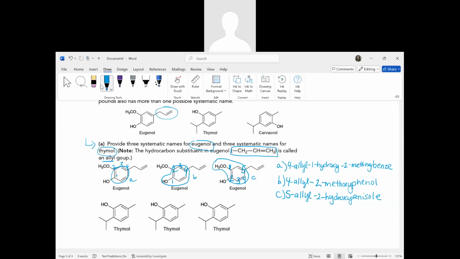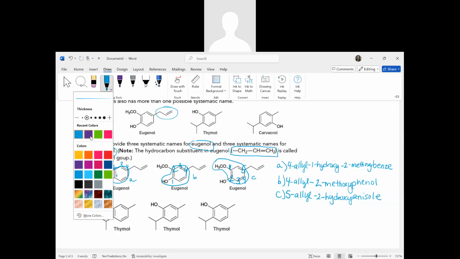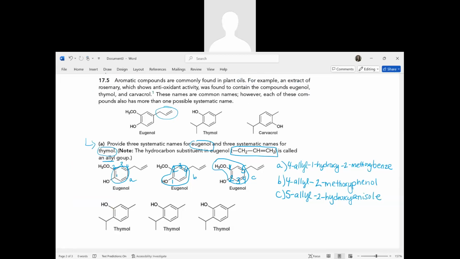For part A, for the second structure, we could name this, again, 3 different ways. We could have a benzene parent once again. We could have a phenol parent in the middle, or we could have a toluene parent.